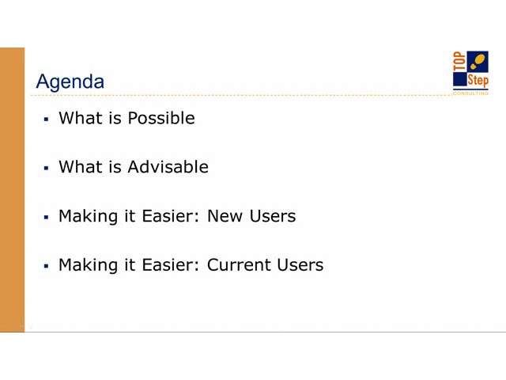Making it easier for new users. The new user setup is a very critical piece of making sure that people have the best UI experience possible. And then also for all of your current users, what can you do to kind of clean things up for those folks too. So that's the agenda.